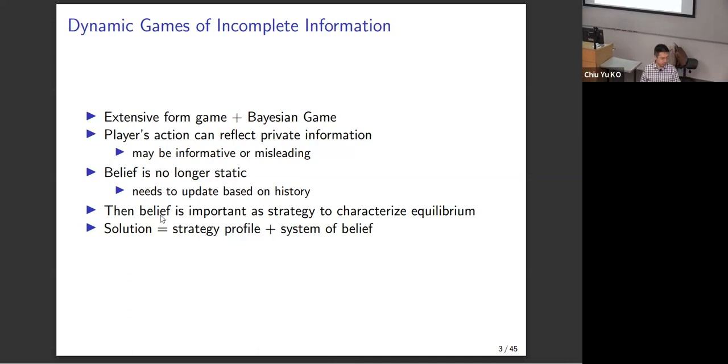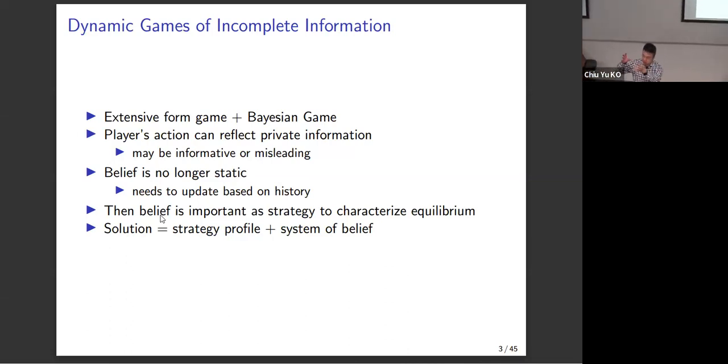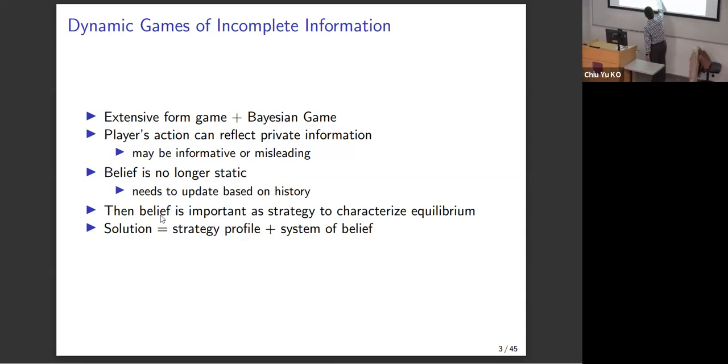Well, actually, for those who know finance, that is the idea of a bubble, right? Bubble means that the value exists because people think they value it, right? It's not because of its fundamental value, but because everyone thinks so. So a bubble is supported by some belief, right? And belief should be part of the equilibrium, right? So the belief of the agent is part of the solution. So now it's different from before, right?